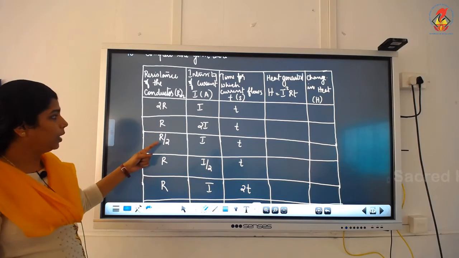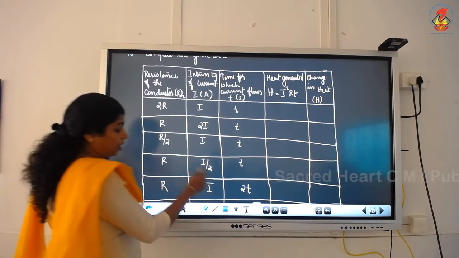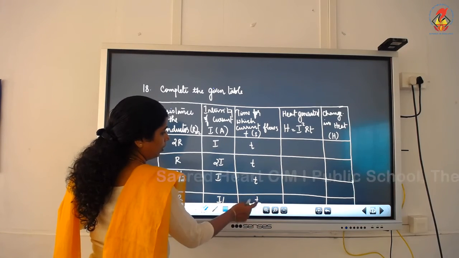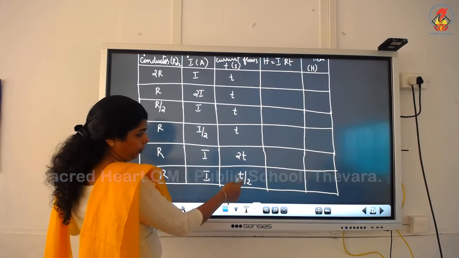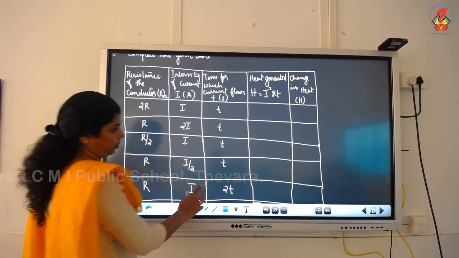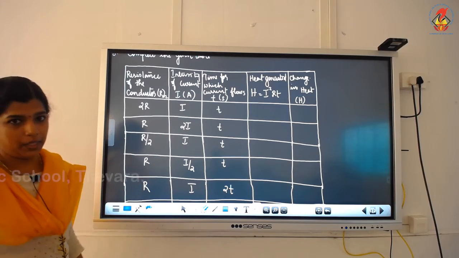What will happen when we decrease the resistance, decrease the current, and decrease the time? What will happen to the heat developed? So, first one I will do it and the rest you have to complete.